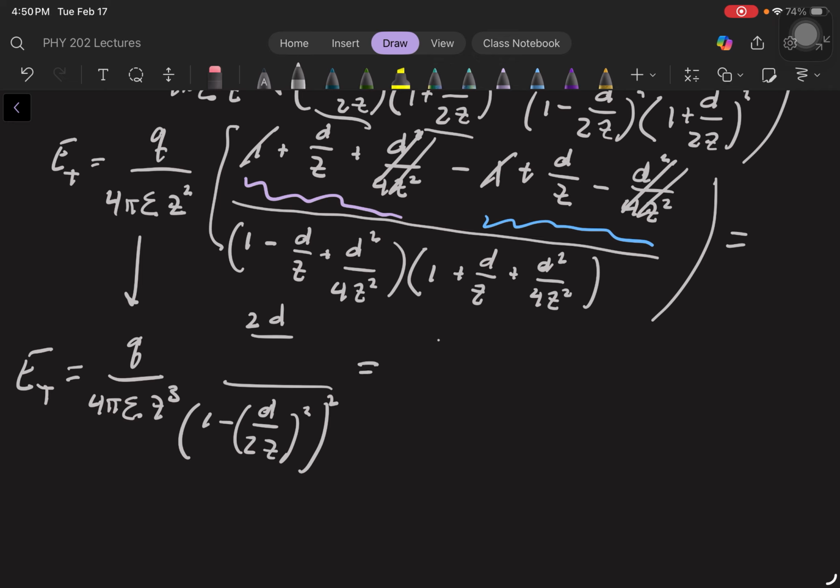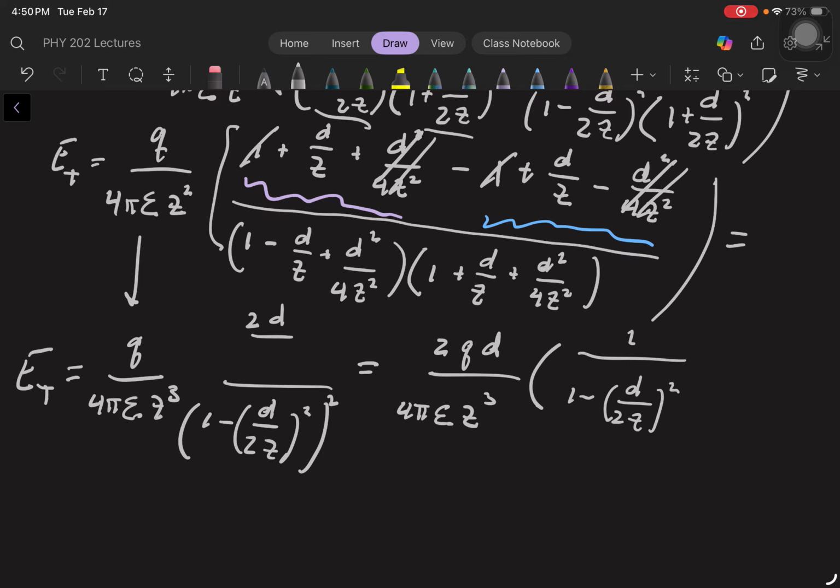And so we get 2QD over 4 pi epsilon naught Z to the third times 1 over 1 minus (d over 2z) squared. Okay. And so then we also take into consideration the fact that z is much greater than d.